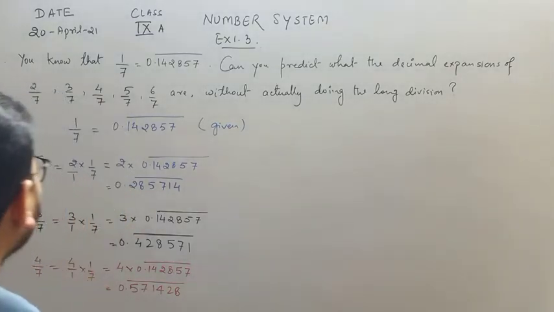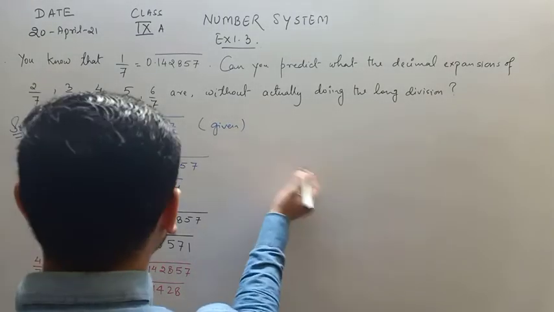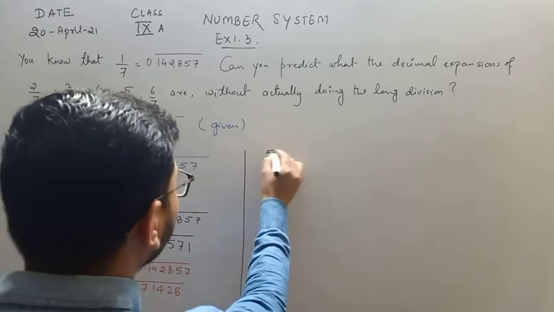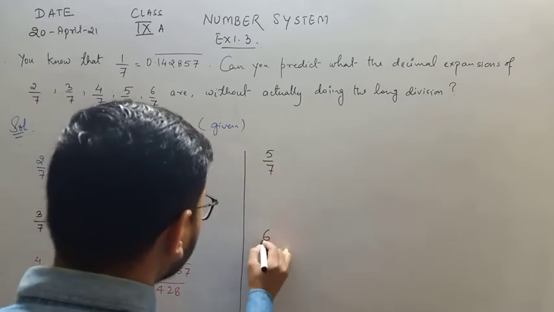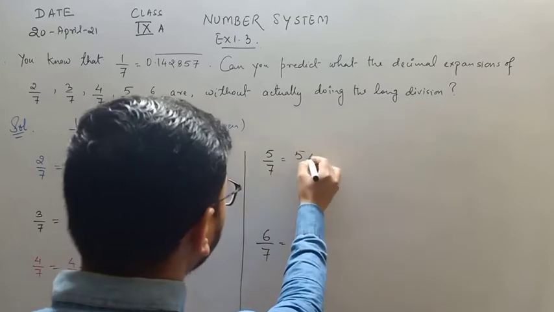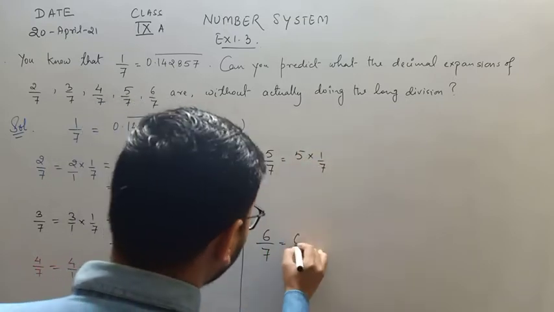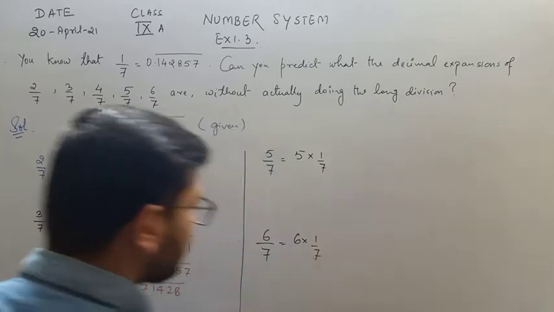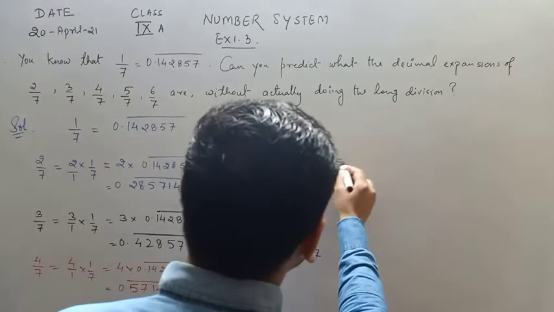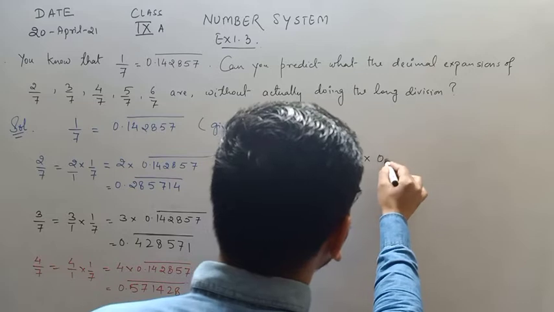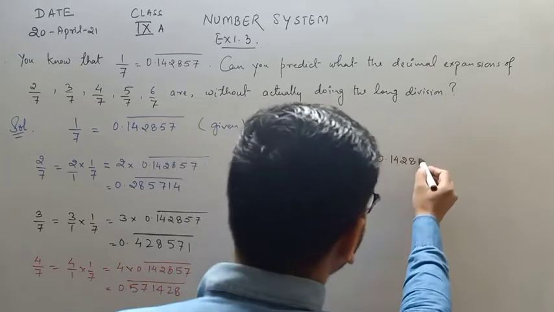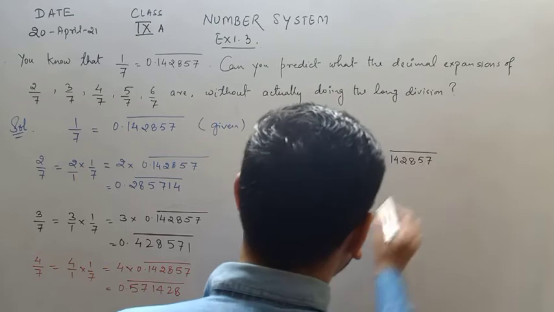Then 5 upon 7 and 6 upon 7. 5 upon 7 can be written as 5 into 1 upon 7. 6 upon 7 can be written as 6 into 1 upon 7. Now 5 into 0.142857 bar.